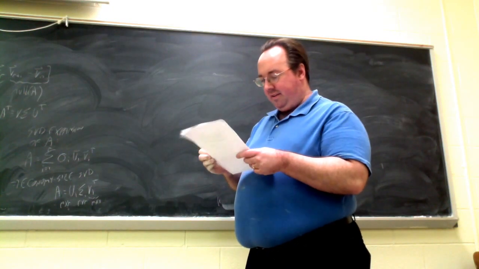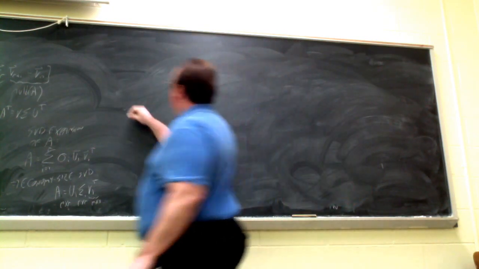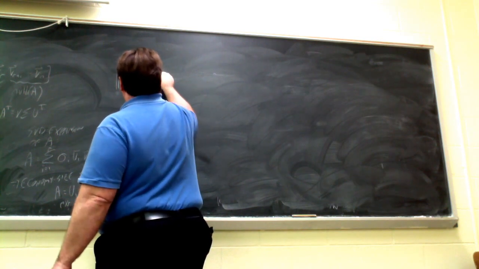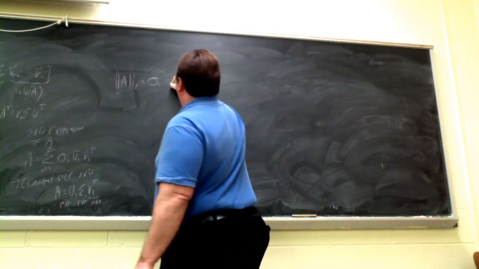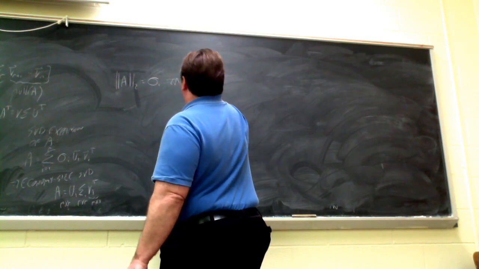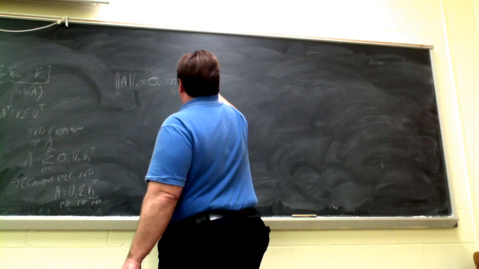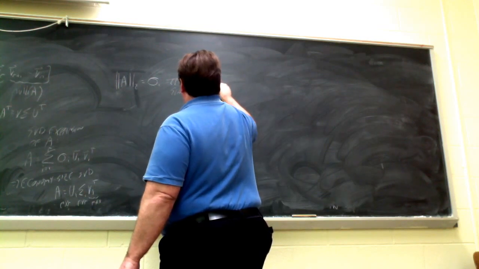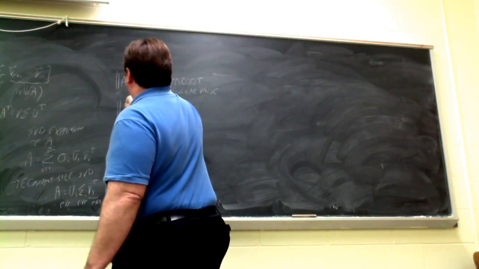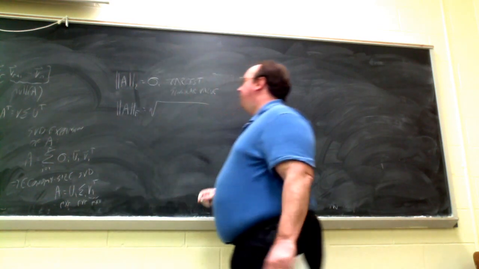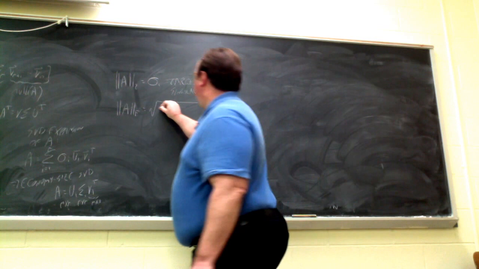The 2 norm of matrix A is equal to sigma 1, which is the largest singular value, and the Frobenius norm is the square root of the sum of squares of all singular values.